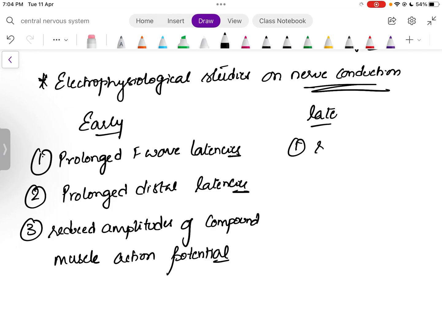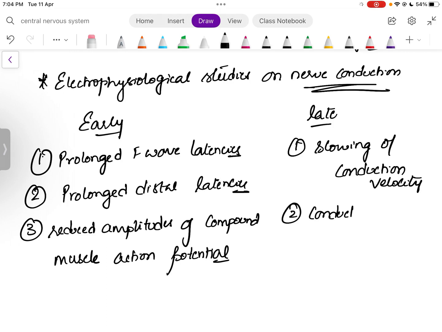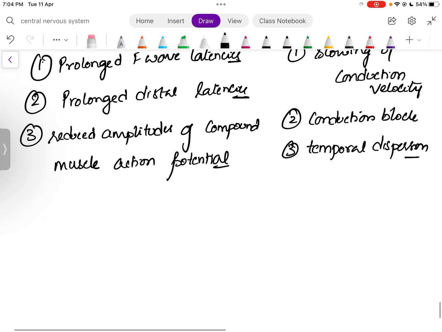And in late stages, what will happen? There will be slowing of conduction velocity, there will be conduction block, and there will be temporal dispersion. What is temporal dispersion? There will be an increase in the difference between the conduction times along the different axons.